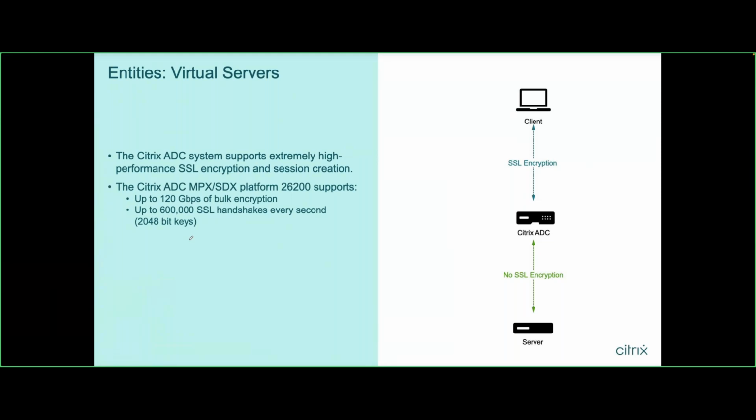So if you go with the ADX, MPX, and SDX box, 26,200, it can do bulk encryption at 120 Gbps, and it can do 600,000 SSL handshakes every second with the 2048-bit keys.